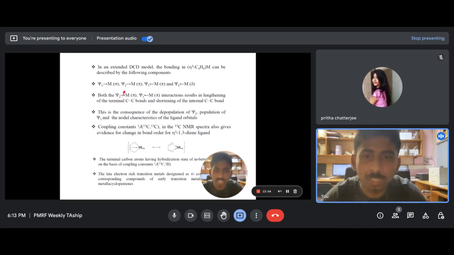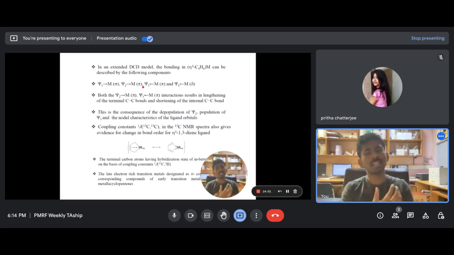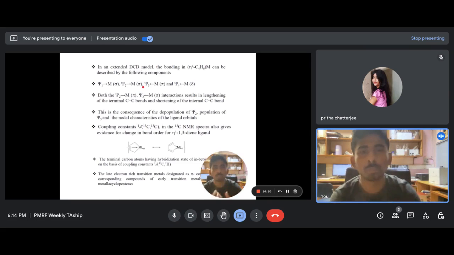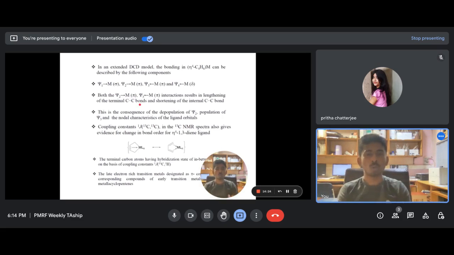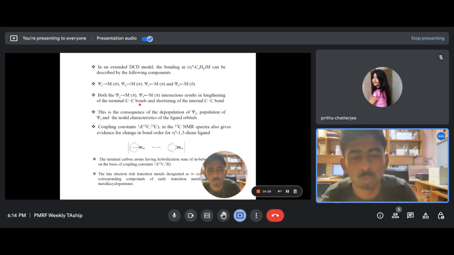Both this Psi2 to M pi and this metal pi to Psi3 are pi electron donations. Whether it's diolefin, olefin, or other pi bonded systems, this pi electron donation is the most talked about topic. When Psi2 is donating to the metal pi, there is a donation of electron from the HOMO to the metal LUMO.